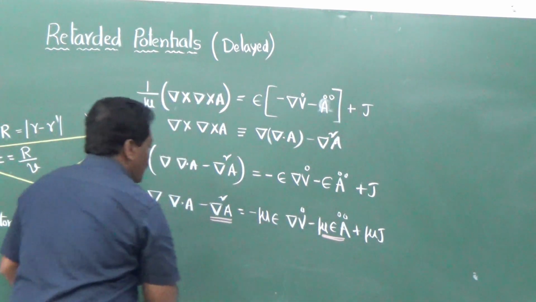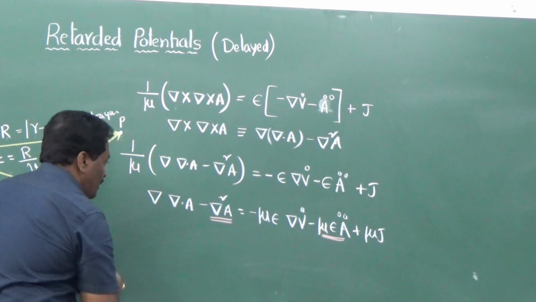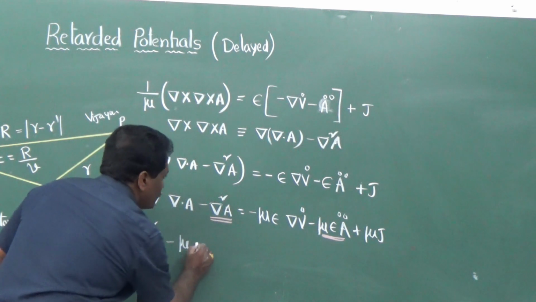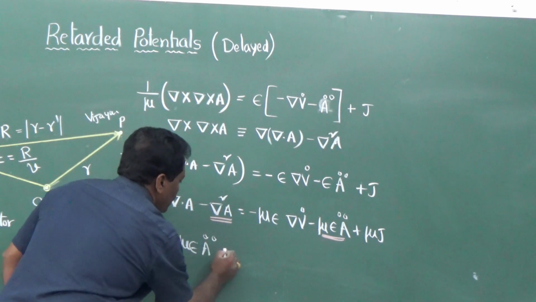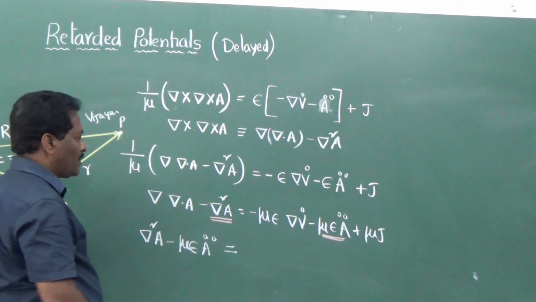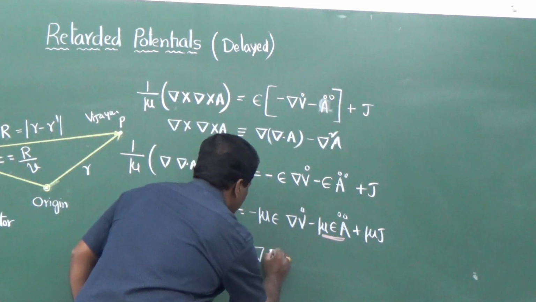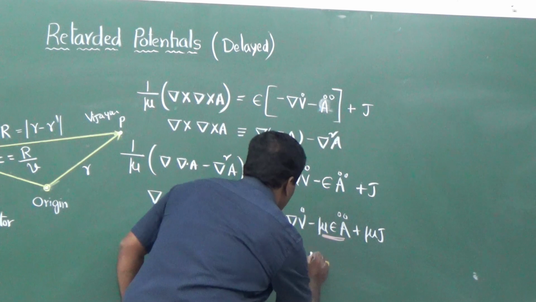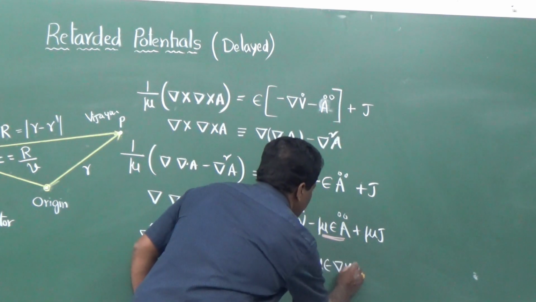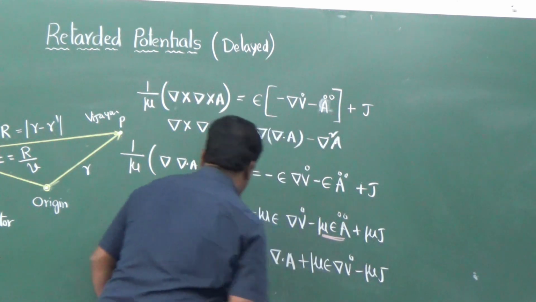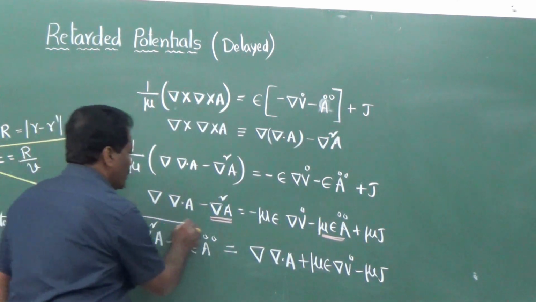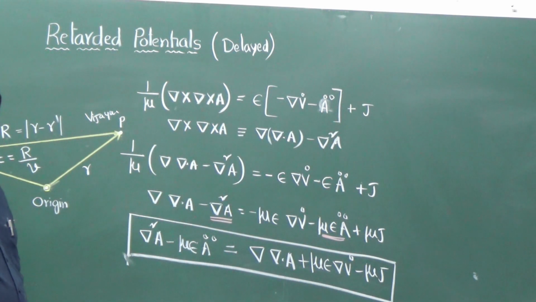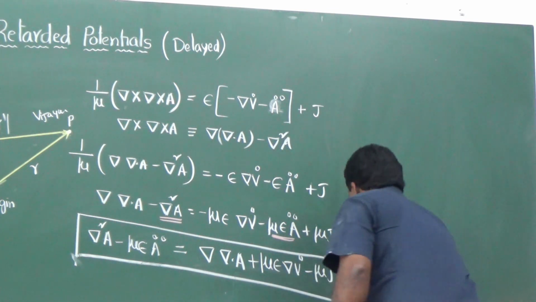So that can be written as del square A minus mu epsilon A double dot is equal to del del dot A plus mu epsilon del V dot minus mu J. This is the differential equation we require for getting the potential functions. This is the differential equation we got after substitution.